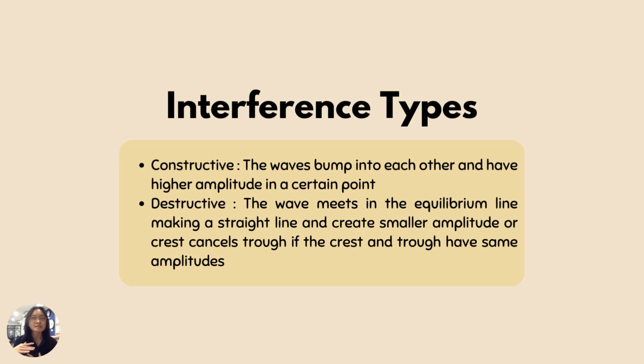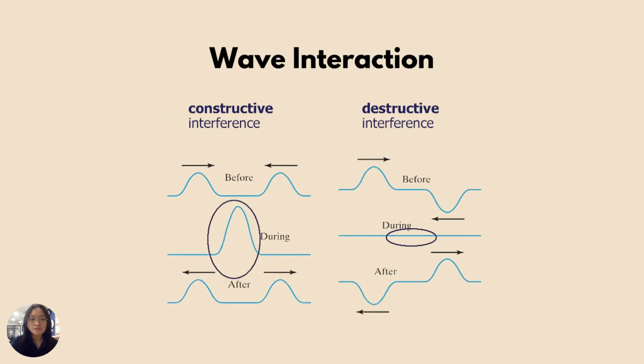So right here in the constructive interference, there are two crests and they bump into each other, making the middle part a bigger wave with double the amplitude, and then it goes back to how it was before, continuing as separate waves.